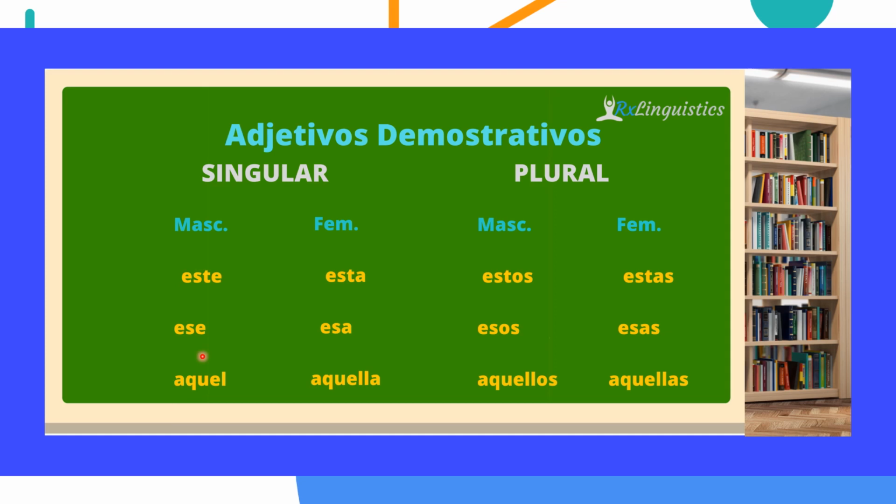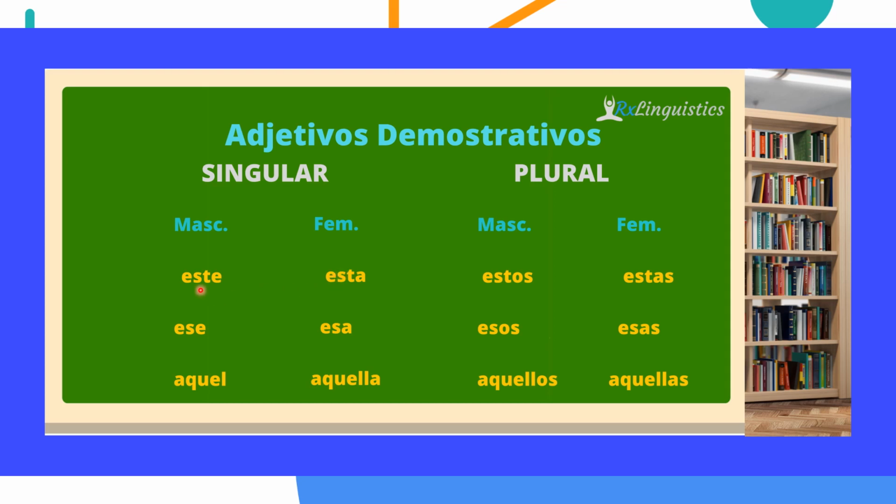But in Spanish, since adjectives must agree in gender and number with the noun that they describe or modify, there is also the feminine feature. When a noun is feminine, the adjective must agree in that gender with the noun it modifies.